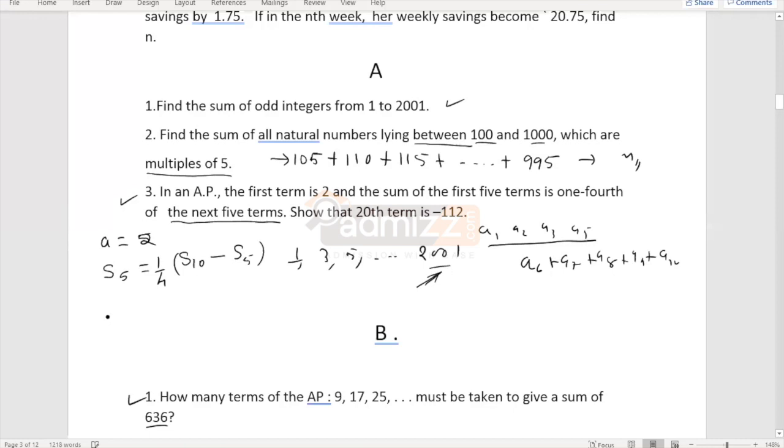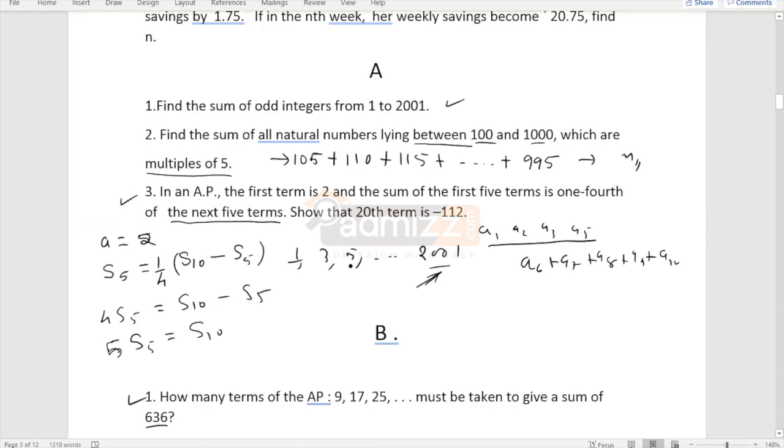In this, the 4 goes here: 4S5 equal to S10 minus S5. S5 comes here, 5S5 equal to S10. Now you have to put the value S5 equal to n by 2 in the bracket a plus l. Similarly for S10 you can get the value of d.